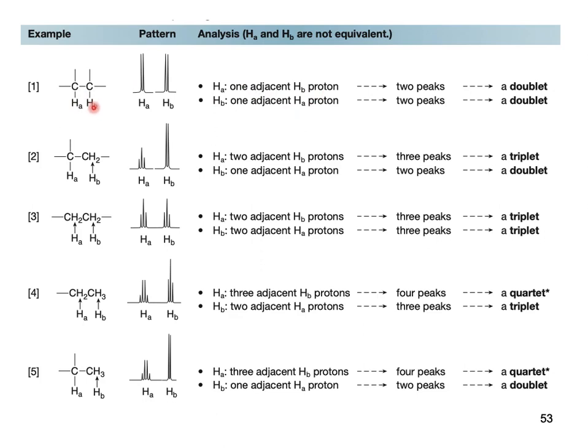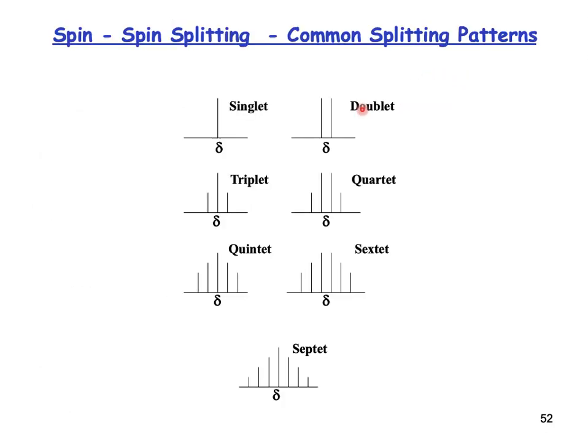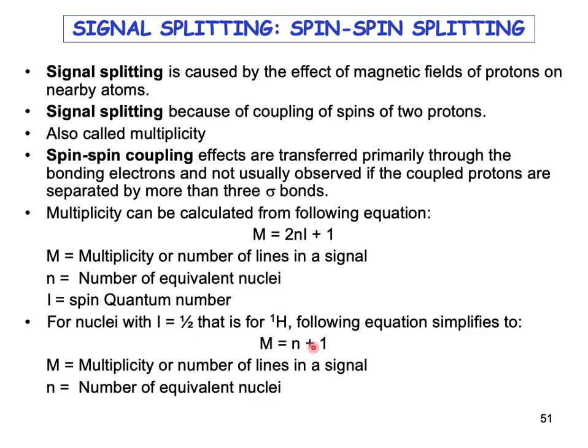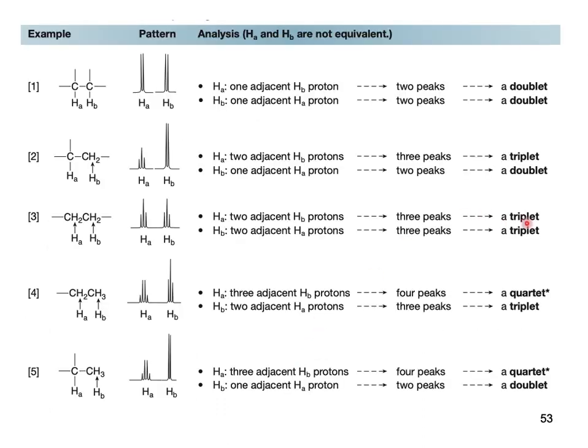If you put it in the formula M is equal to n plus 1, the adjacent proton count is 1, so 1 plus 1 is 2. That's why it has two peaks, which is a doublet. Hb also has one adjacent proton, which is Ha. So M is n plus 1, 1 plus 1 is 2, two peaks, a doublet. The doublet is because the adjacent carbon contains only one proton.